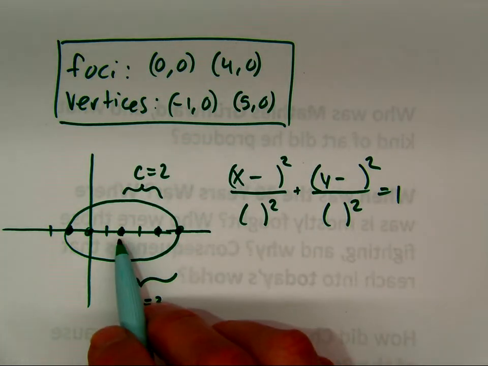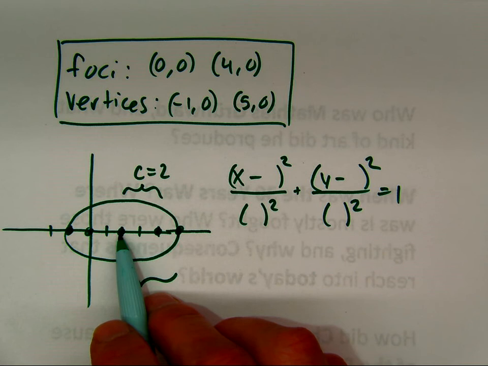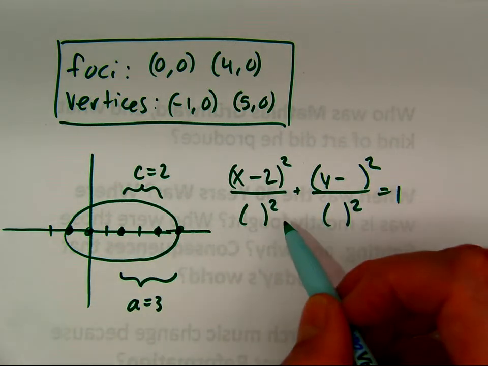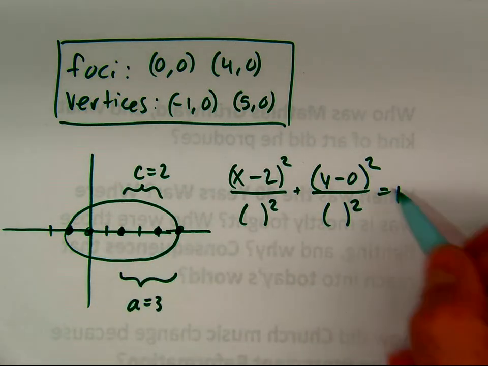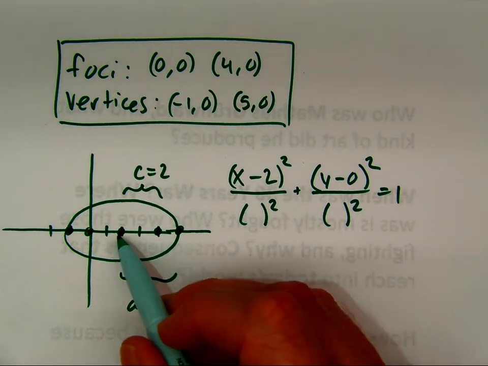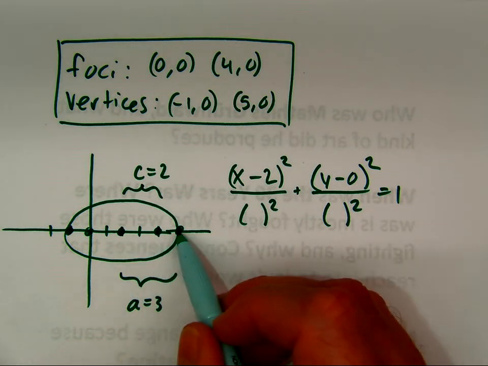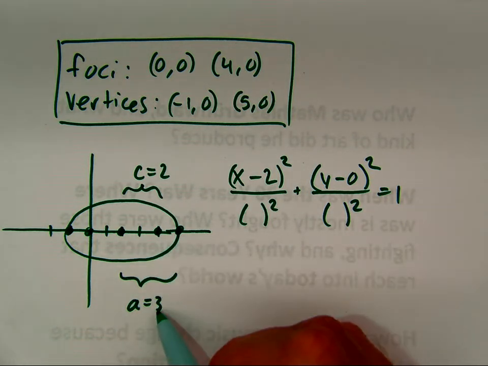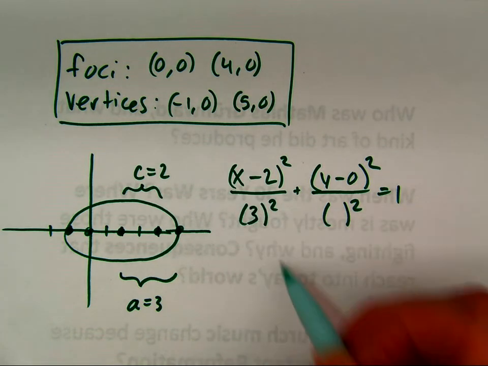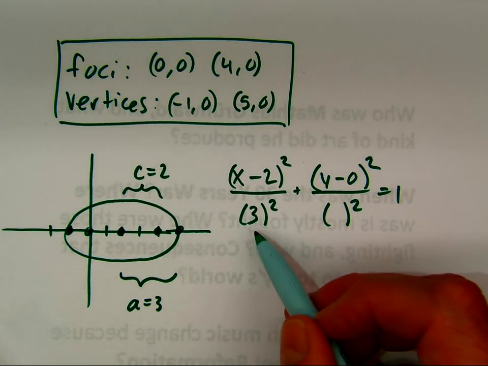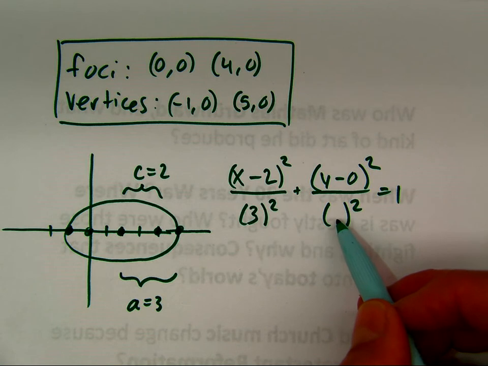We do know the center, so this moved to the right 2. We put a 2 there. It didn't move vertically, so that's a 0. The horizontal distance from the center to the vertex is 3, so that means under the x, because x is horizontal, we'll put the horizontal distance. Then we just have to find the vertical distance.